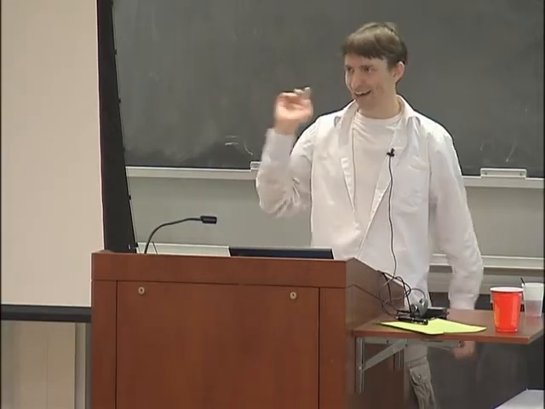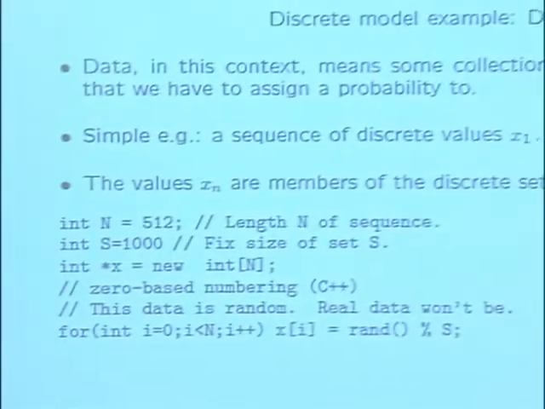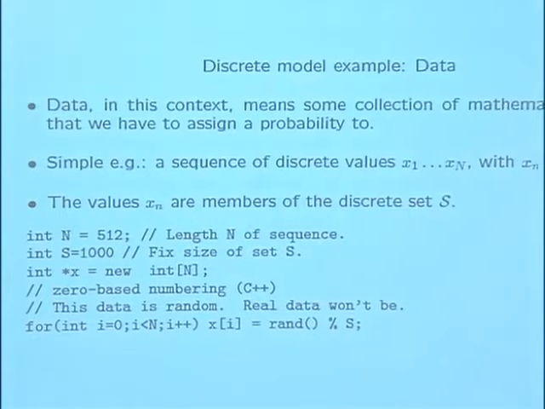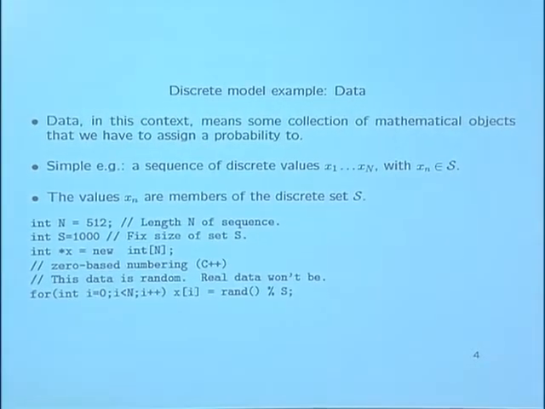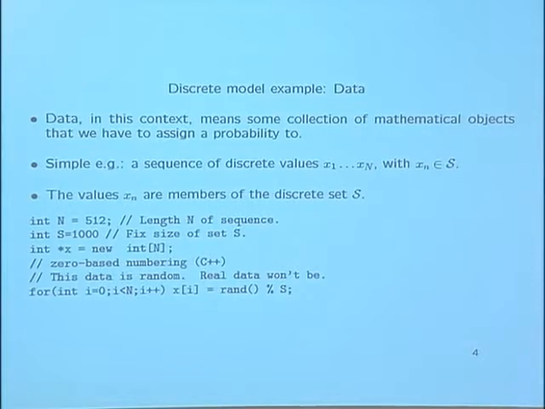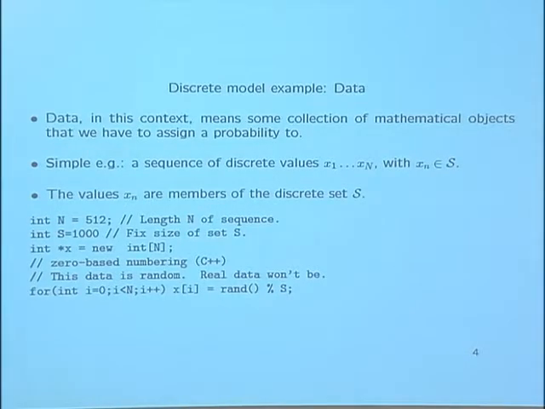Okay, so just to get started with the concept of data, you probably know this already, but by data we generally mean some collection of mathematical objects that we want to assign a probability to. So a simple example is a sequence of discrete values x1 to xn, with the x values in the set S, where S is a discrete set.